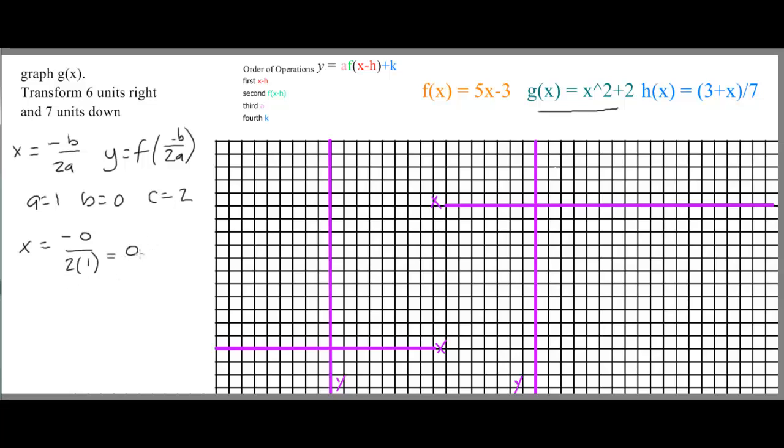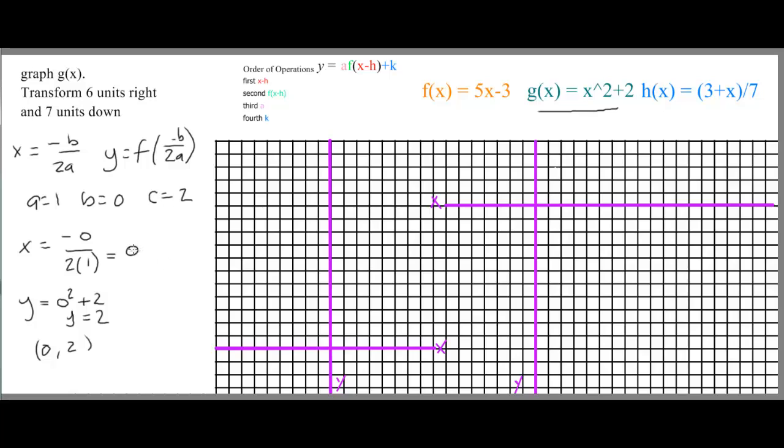Once we have our x value, let's plug that back into our equation. We know x is going to be 0, and so this tells us that our vertex is going to be 0, 2. Y equals 2 here.